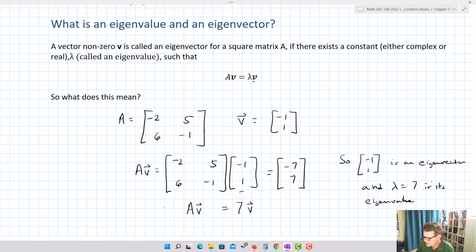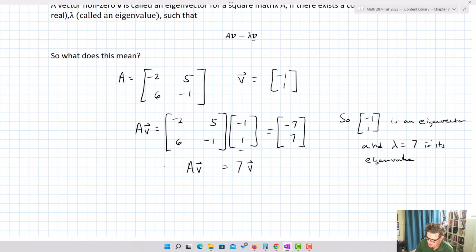Now we don't necessarily have just one eigenvector or just one eigenvalue. We can have multiples, and in fact, much of the time we do.